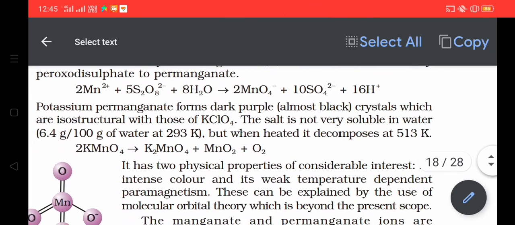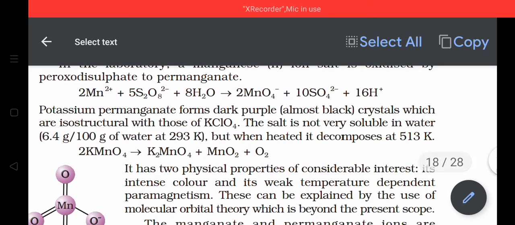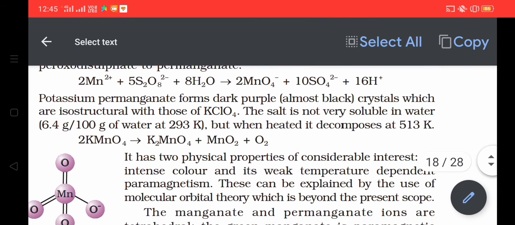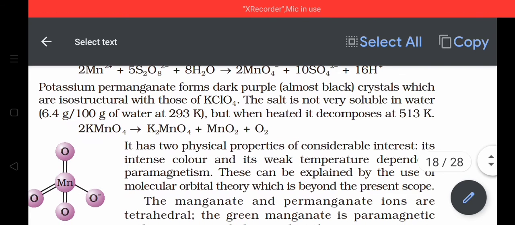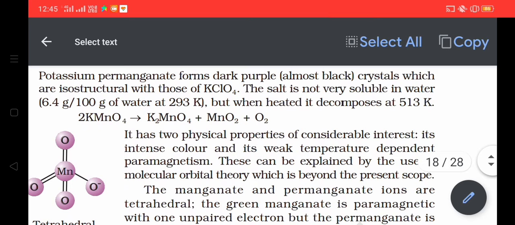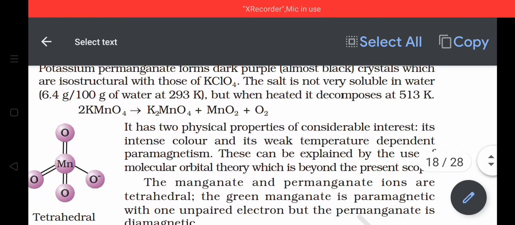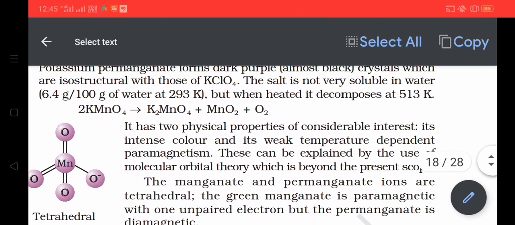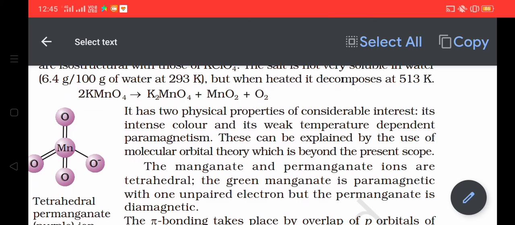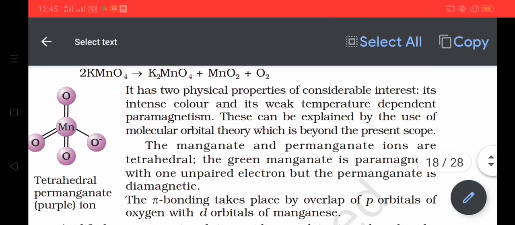Now potassium permanganate, as you have seen in the lab, is dark purplish in color, and this salt is not very much soluble in water. On heating at 513 K it decomposes to give oxygen plus manganese dioxide plus manganate ions.